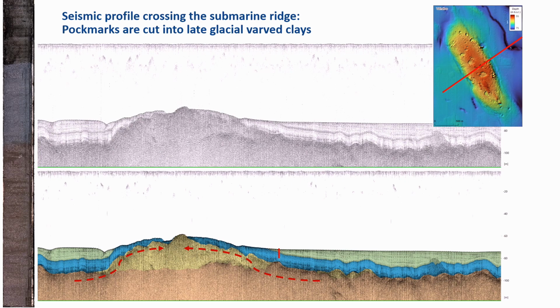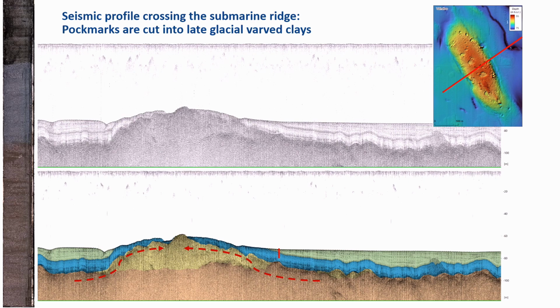The upper panel shows the unfiltered raw data obtained by the seismic profiling, and the lower panel tells us about the interpretation of these seismic profiles. The lower unit, this brownish-looking unit, is the bedrock. In the middle of the ridge, we have a yellow unit on top of it. This might be another type of sedimentary rock, or could be glacial till. We don't know exactly.